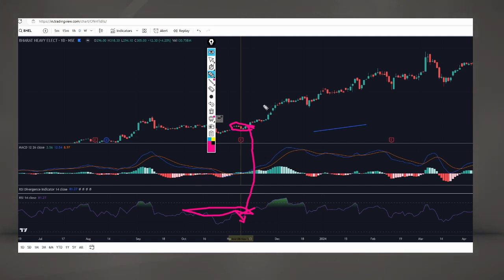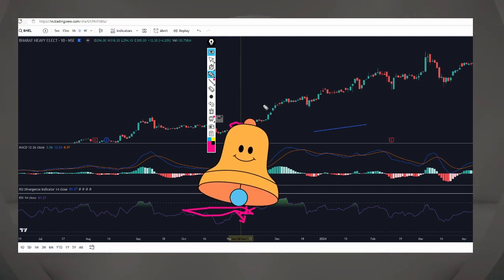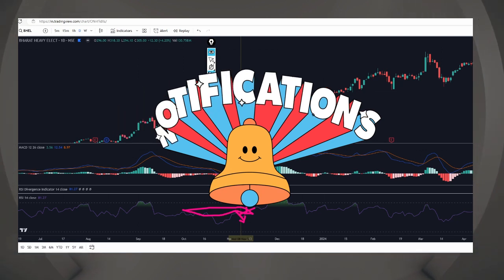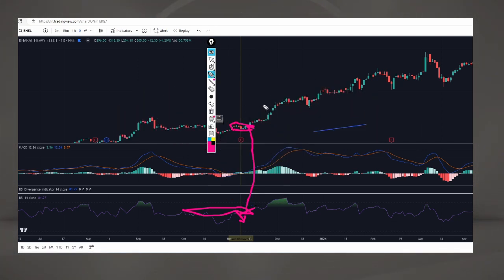RSI itself can be used for trading. There are some people who trade based on RSI itself.